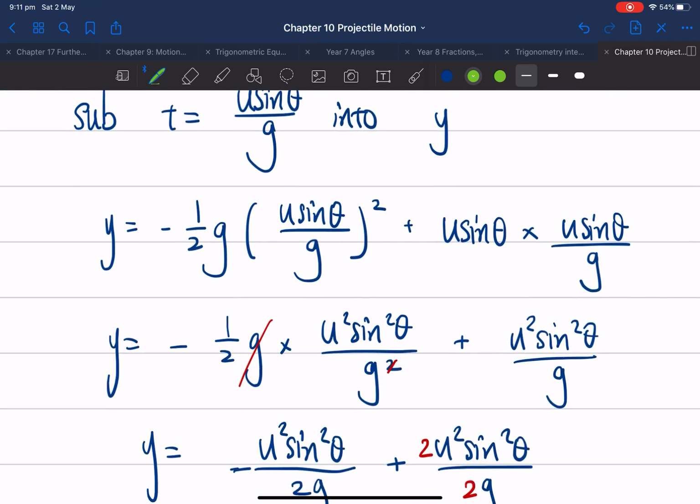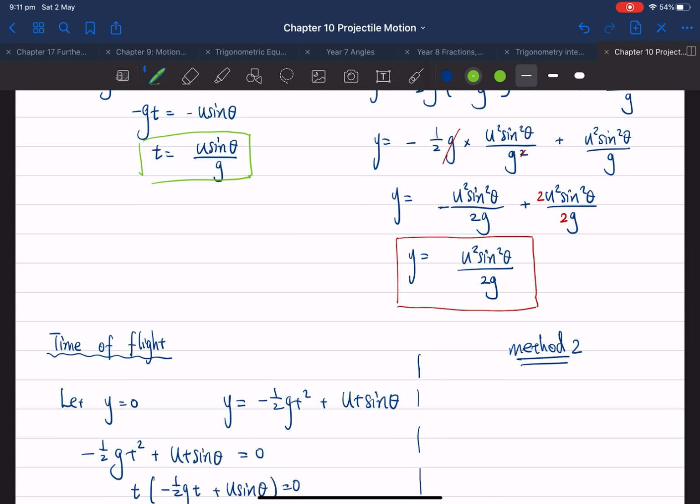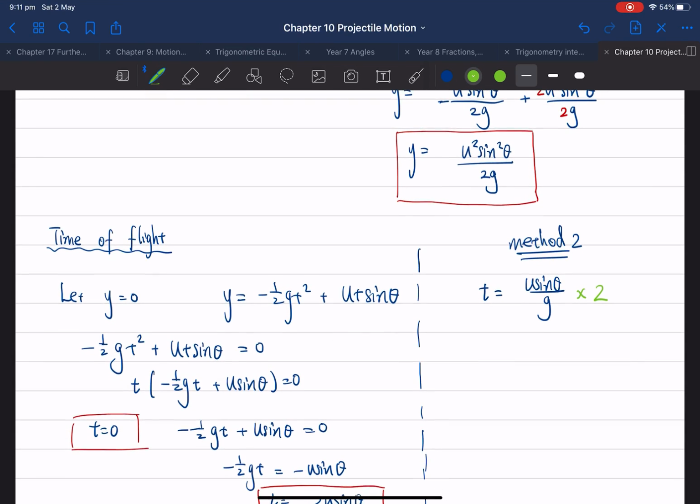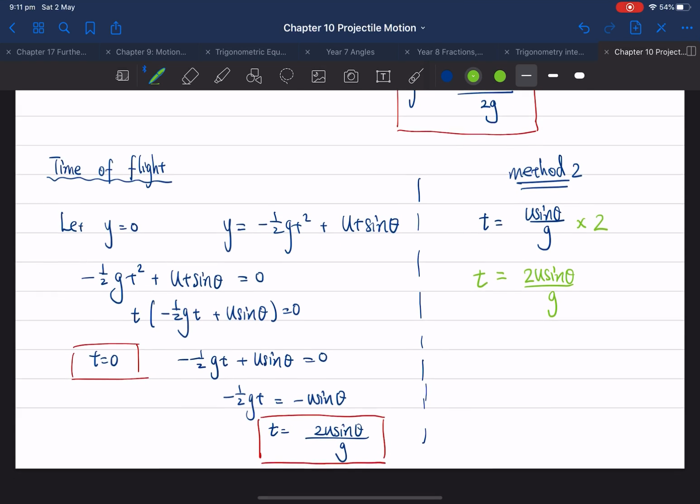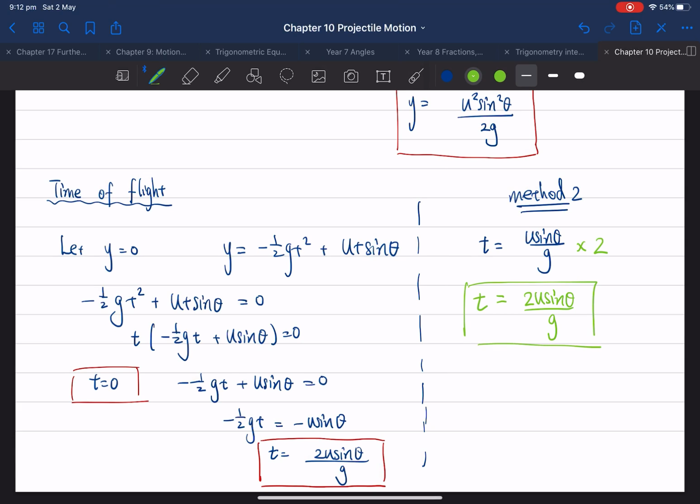If we multiply t equals u sin theta over g by 2, we get 2u sin theta over g. That is the time. Now let's compare the time here with the time there. Are they the same? Yep, they are the same thing.